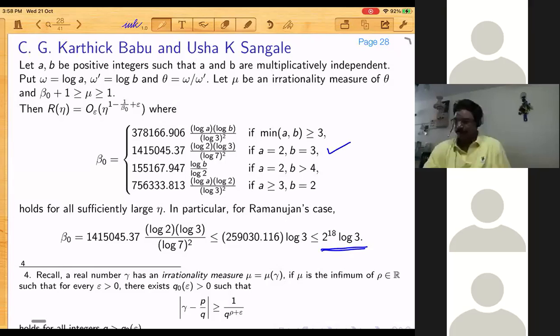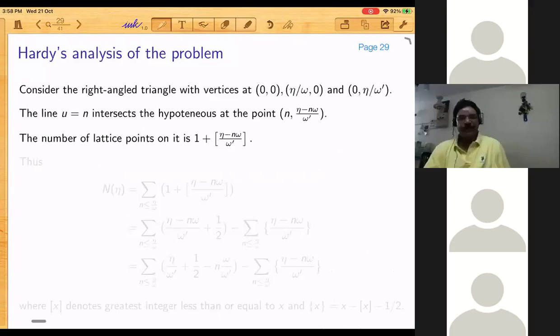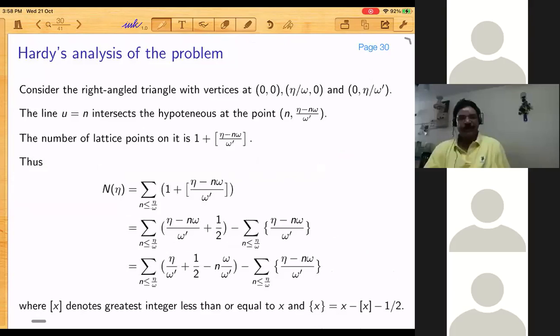Now let's look at how to count, for improvement purpose, the number of lattice points inside a right angle triangle. So consider the right angle triangle with vertices 0 and omega.